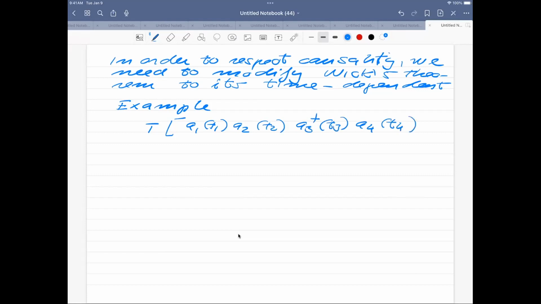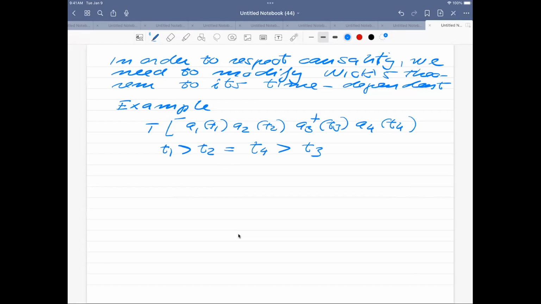And the assumption which we have made now is that t1 is larger than t2, and this is equal to t4, which is larger than t3.